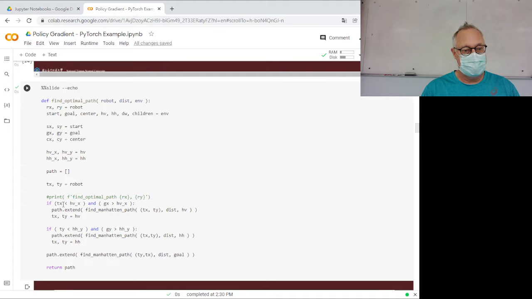So it checks if my X location is less than the location of the vertical wall, and the goal location is on the other side, then I extend the path, I find the Manhattan path to the location of the door.